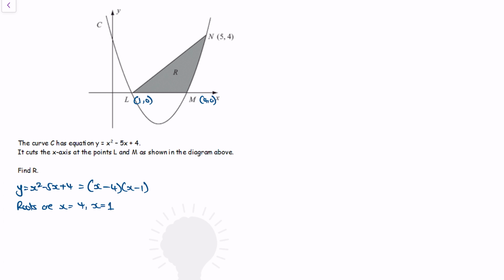Okay, so what we can do is make this into a triangle. Then the area of the triangle is equal to, so the base is 4 take away 1, which is 3, and the height is 4.